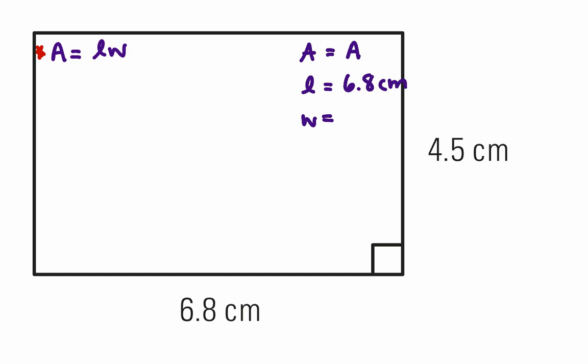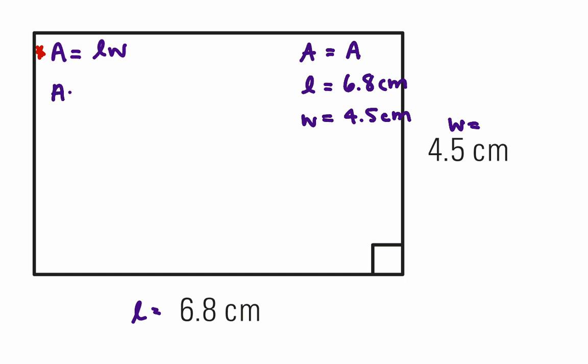And my width? 4.5 centimeters. Now, you don't have to do this. I highly suggest it for the first little bit you're doing it, but once you can visualize and say, okay, I know what my replacements are, you might even just label them, this is my width, this is my length, to keep them straight.